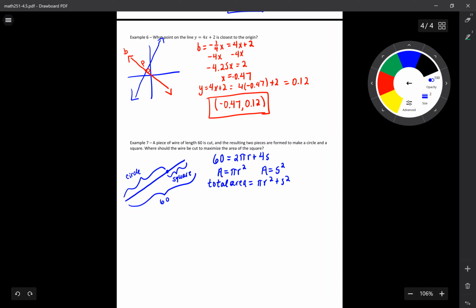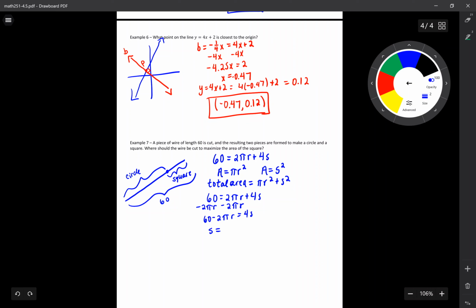And from here, I want to use the constraint that I already wrote in order to get this into a single variable. So using 60 is equal to 2 pi r plus 4s, I can solve for either r or s. I'll solve for s. If I subtract 2 pi r from both sides, I get 60 minus 2 pi r is equal to 4s.